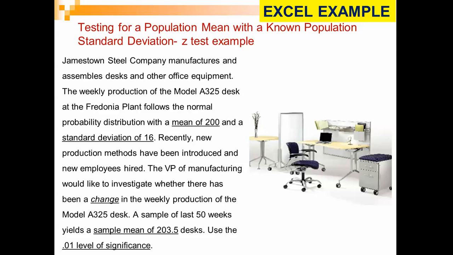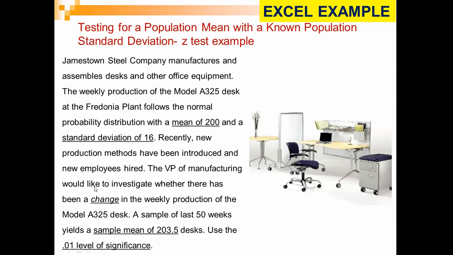The Vice President of Manufacturing would like to investigate whether there has been a change in the weekly production of the Model A325 desk. A sample of the last 50 weeks yields a sample mean of 203.5 desks. Use the 0.01 level of significance.